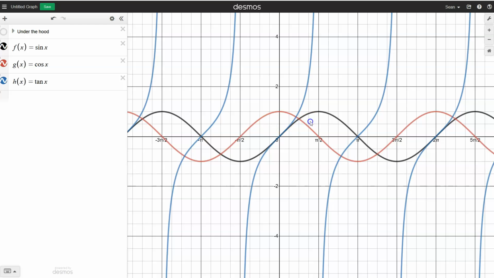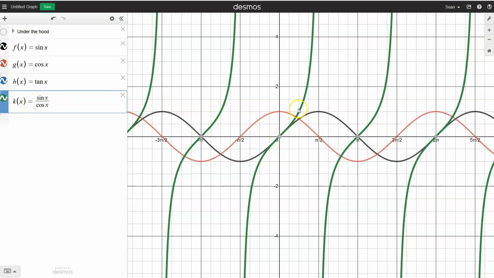First, sine starts at 0, making the output, since tan x is really sin x over cos x. Right, so since the y value is 0 at 0, this tangent curve is going to be 0.